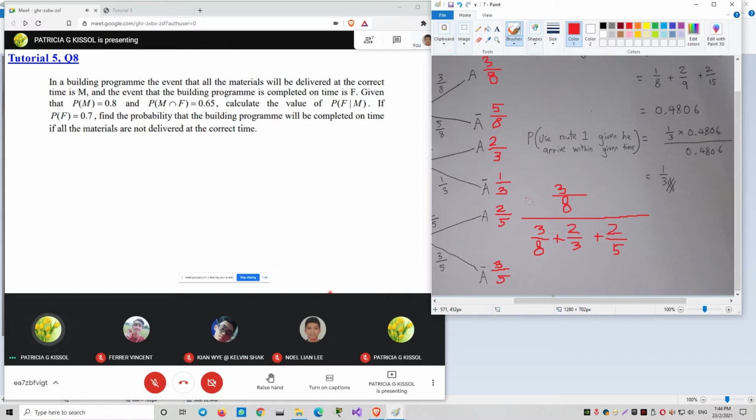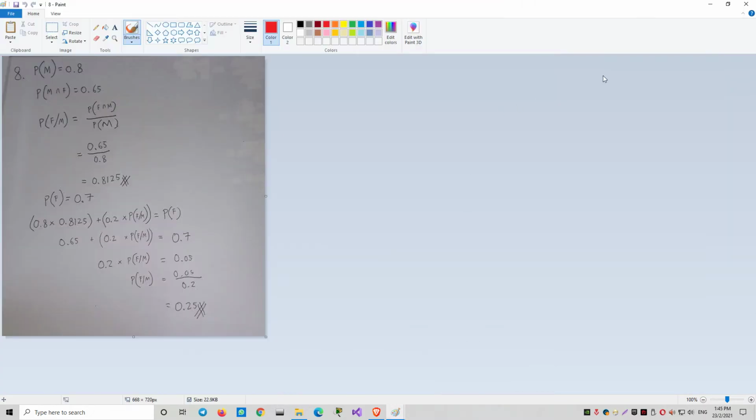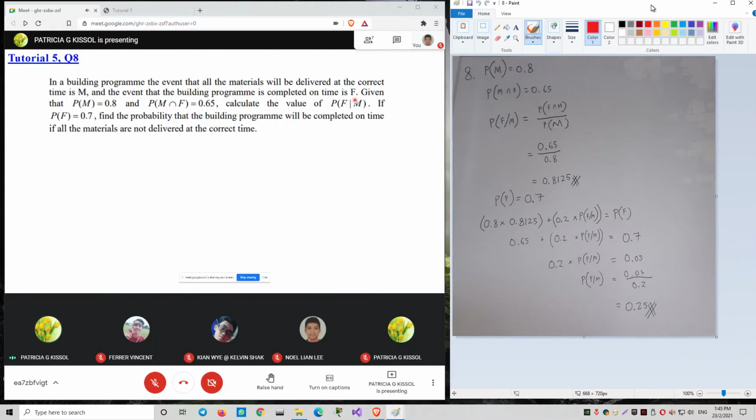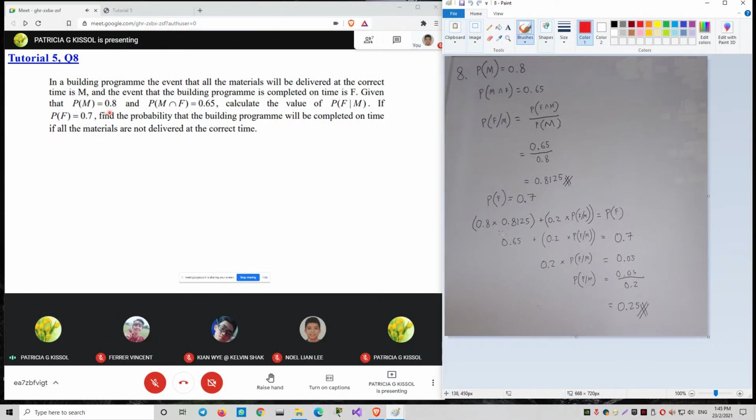In a building program, the event that all materials will be delivered at the correct time is M. And the event that the building program is completed on time is F. Now, the probability of M is 0.8. Delivered at the correct time and also completed on time is F is 0.65.